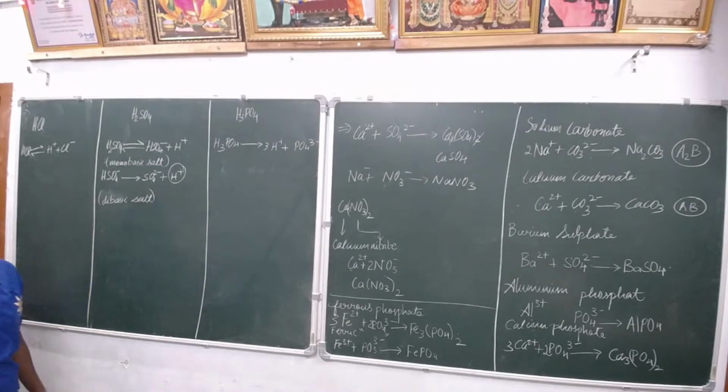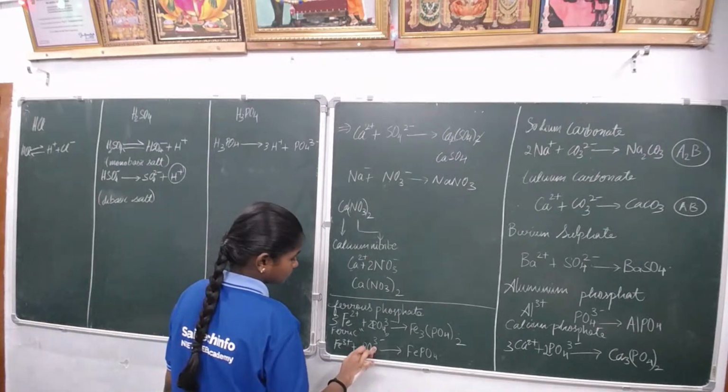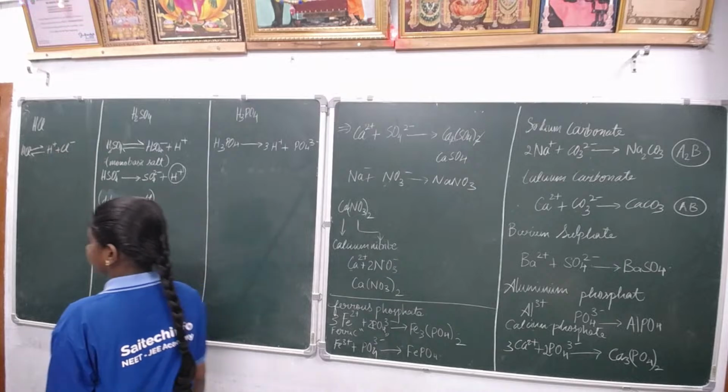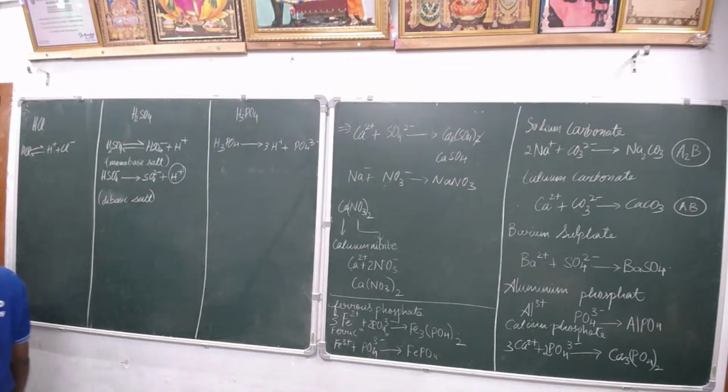I hope now you are very familiar with the oxidation states. Phosphate, PO4 3-. Now, what we have discussed so far: we know what oxidation and reduction are, and what the oxidation number is.